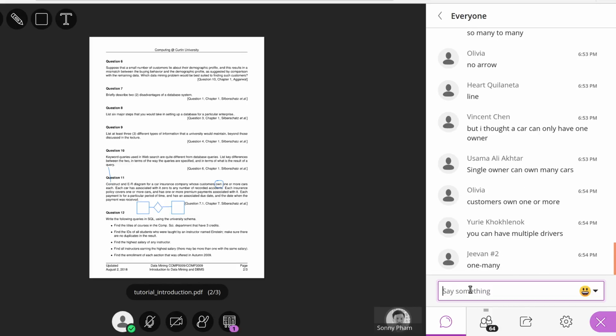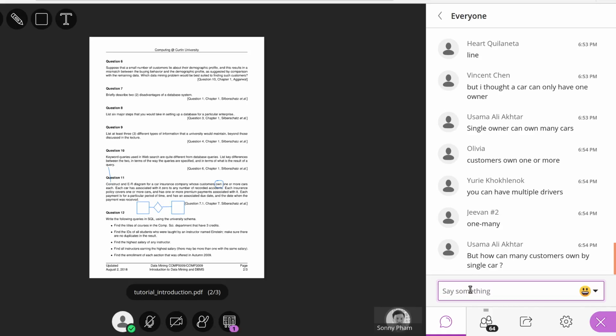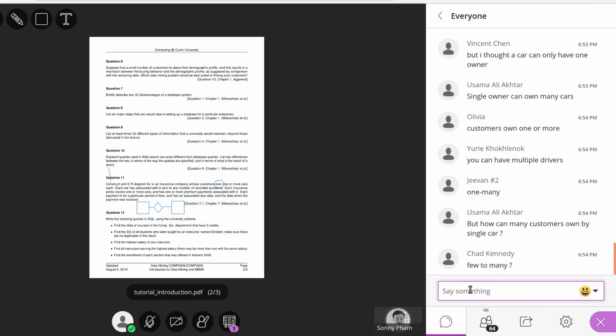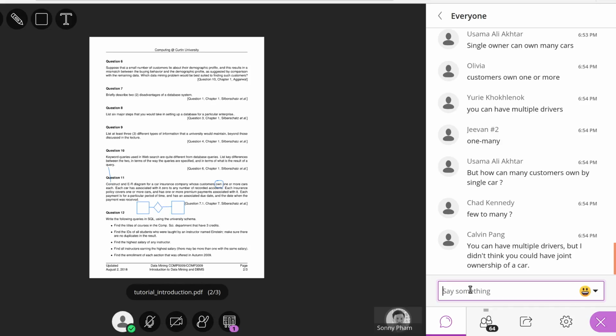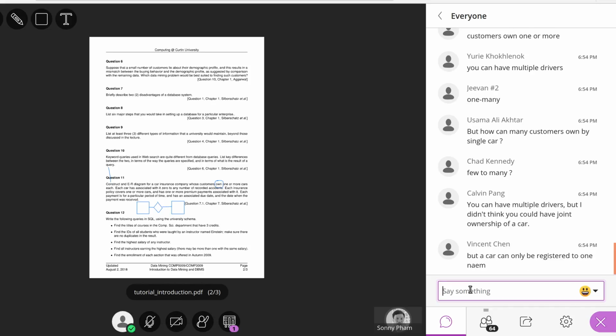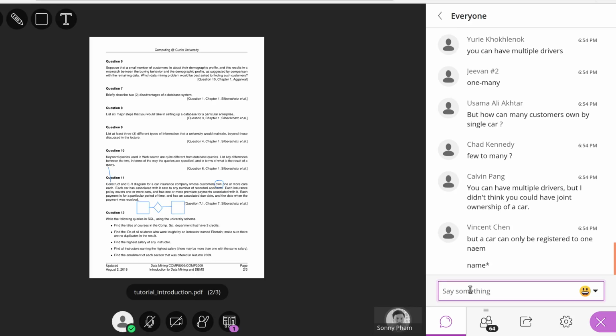Multiple drivers. Okay, so there's a question here: how can many customers own a car? I think, for example, two customers own a car, right?